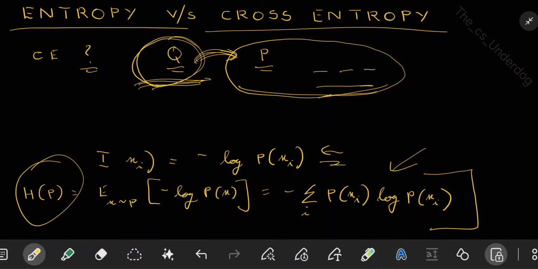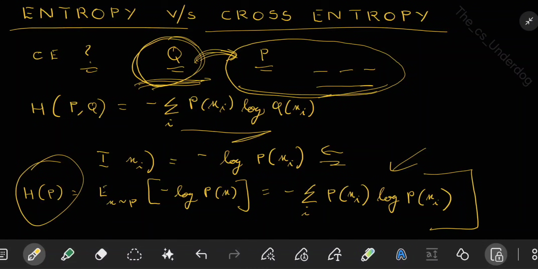So how can you write the formula for cross entropy? We already learned about this in previous lectures, but still, the formula will be sigma i P of xi log Q of xi. So this is where it is different. One more thing, the difference between this cross entropy and entropy is the KL divergence that we learned. So how can you interpret this?